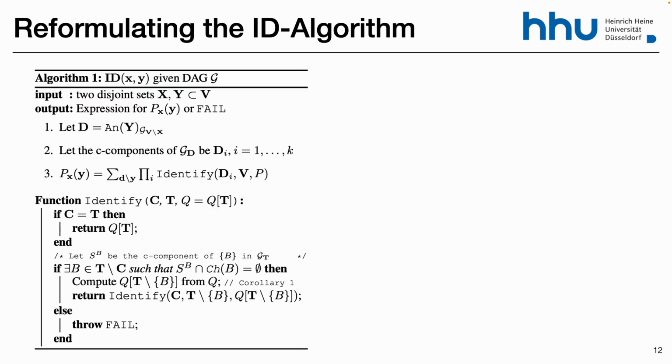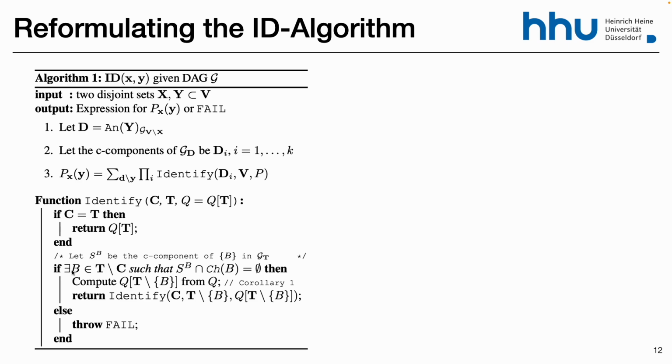And in the end, I told you that we can have this version of the ID algorithm by using the condition. This is equivalent to the ID algorithm that you saw before, but whereas the ID algorithm used the C-components directly, here we can break the problem down variable by variable.